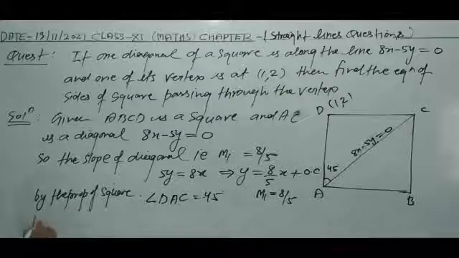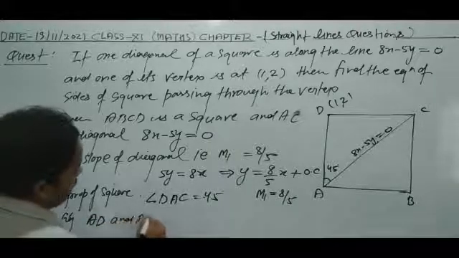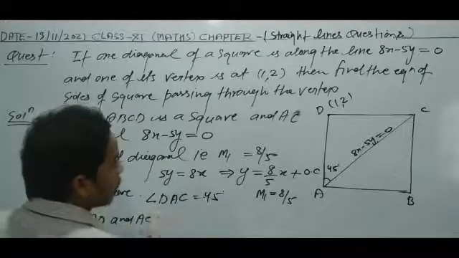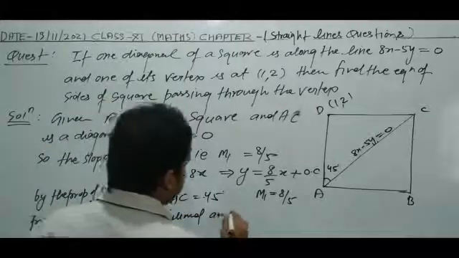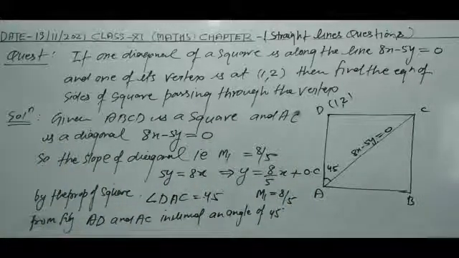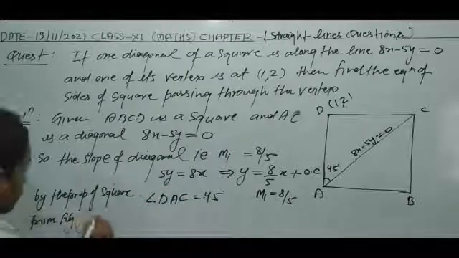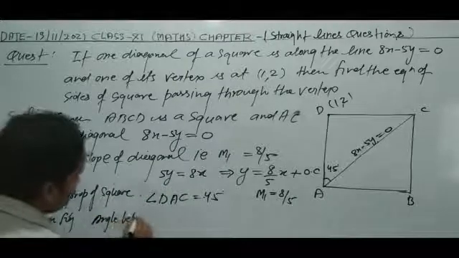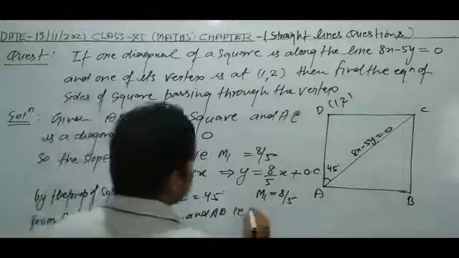Let us consider, or from figure, AD and AC inclined at an angle of 45 डिग्री. ठीक है, इसको ऐसे भी राइट कर सकते हैं. एंगल बिटवीन AC and AD, that is 45.